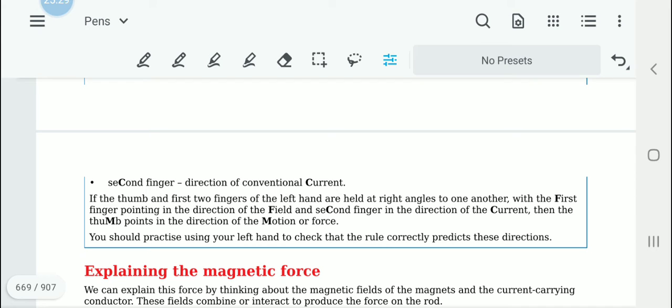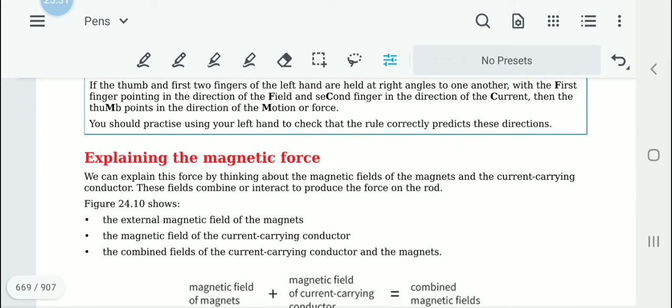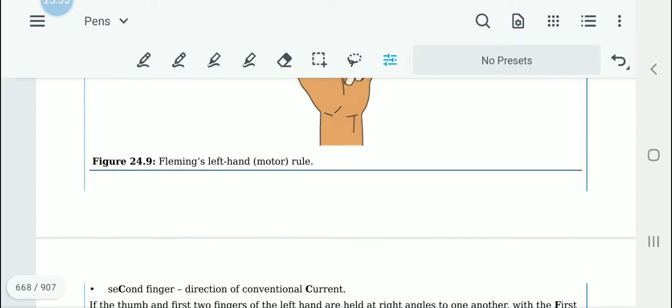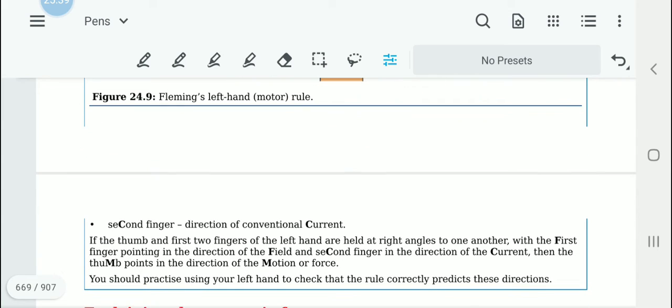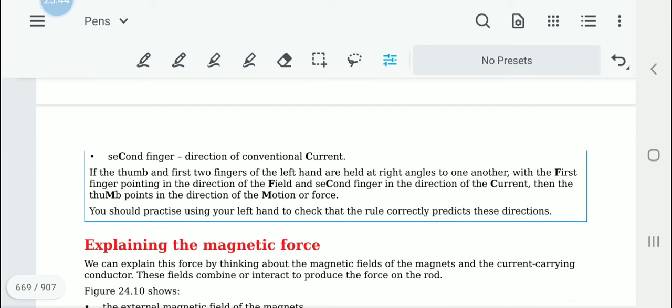This is referred to as Fleming's left-hand motor rule, because motors work using this force as described in this rule.